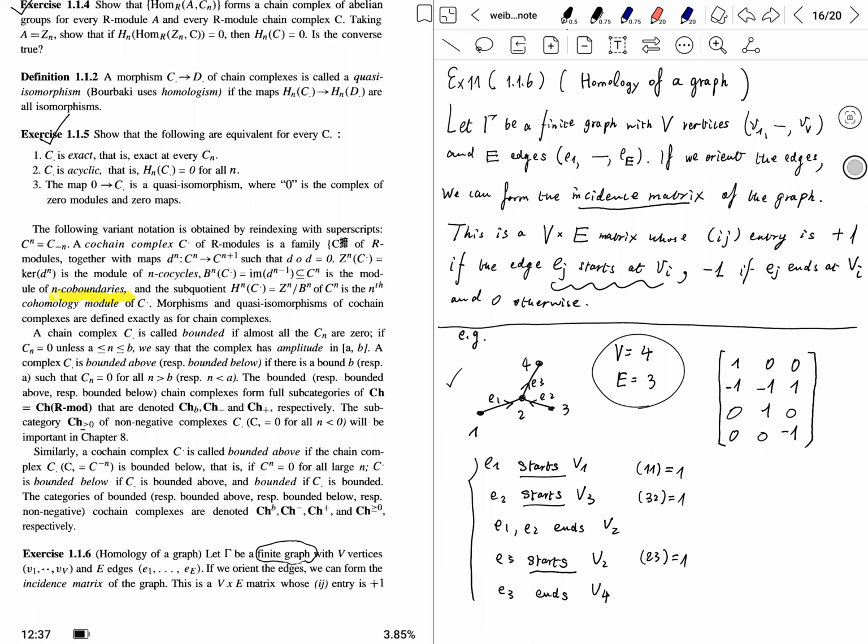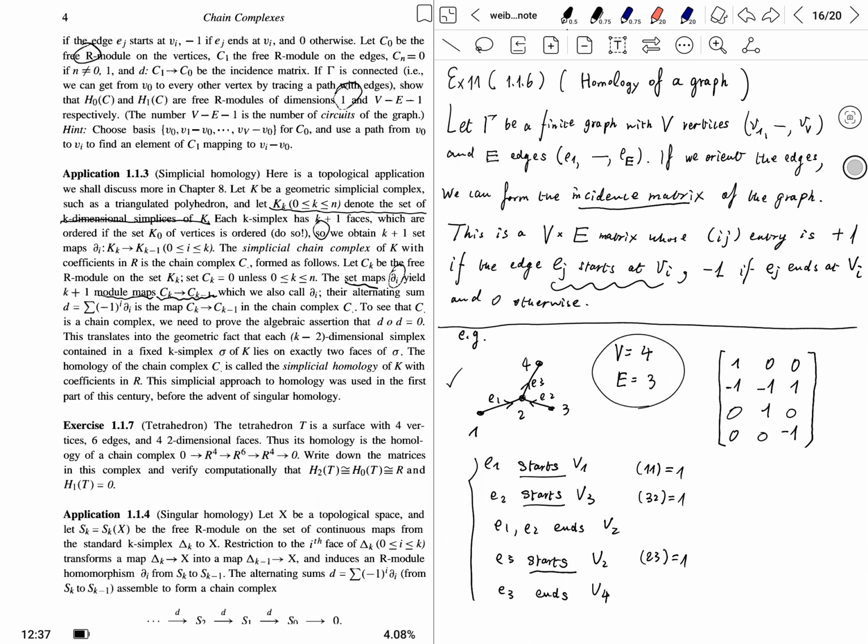In this example, we are going to associate to this graph a v times e matrix. v and e are both integers. Here in our case, it's just a 4 times 3 matrix. This matrix just remembers the information of each edge, at which point it starts and at which point it ends.